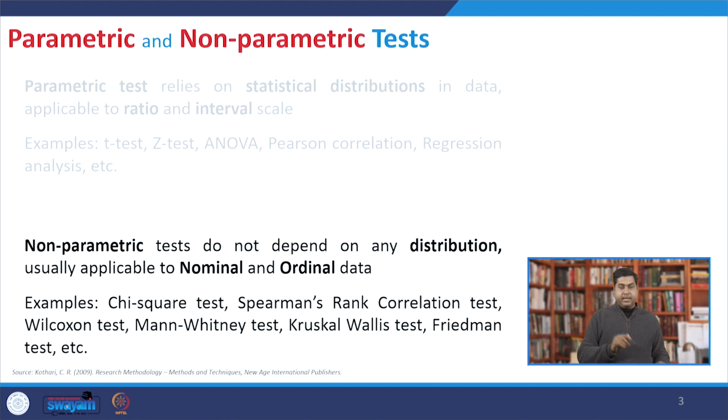Now, we started the discussion with parametric tests, and I hope that you have gone through that presentation and understood when to use it. Now let us focus on the non-parametric test. The main advantage of non-parametric tests is that they do not depend on the distribution and are usually applicable for nominal and ordinal data.